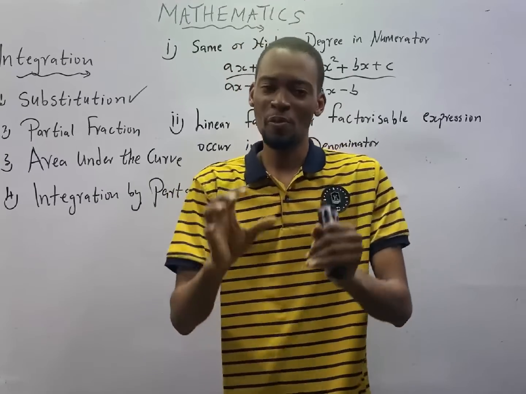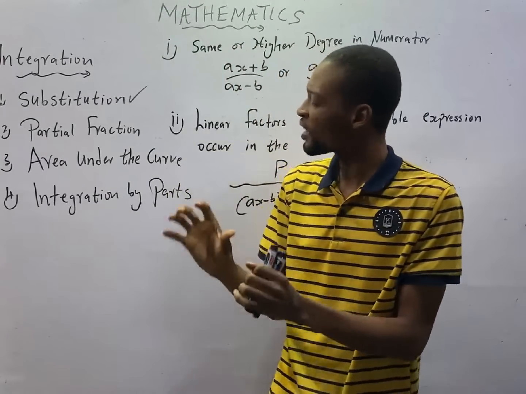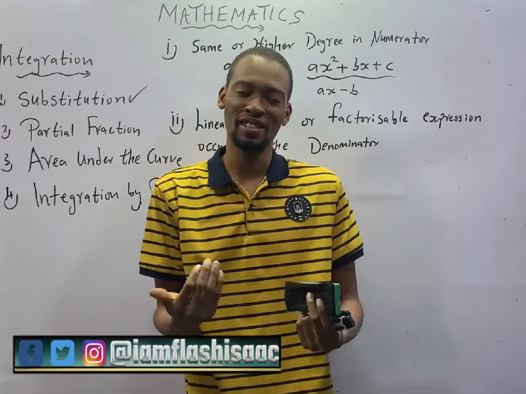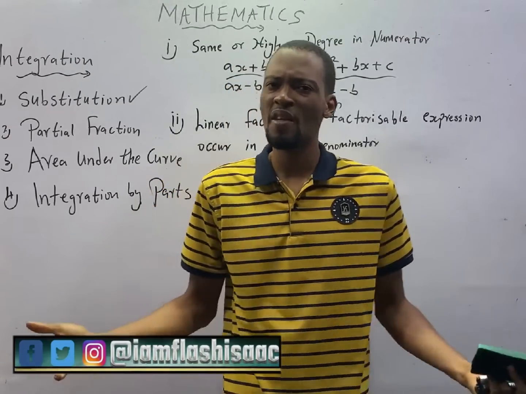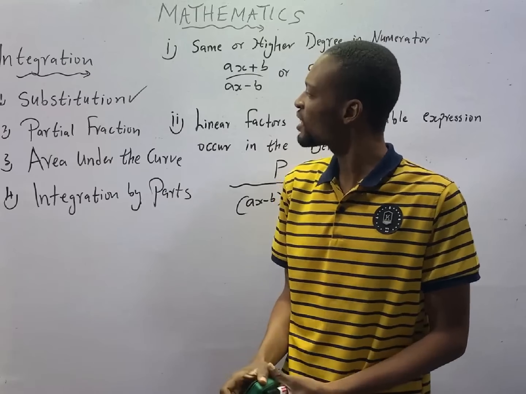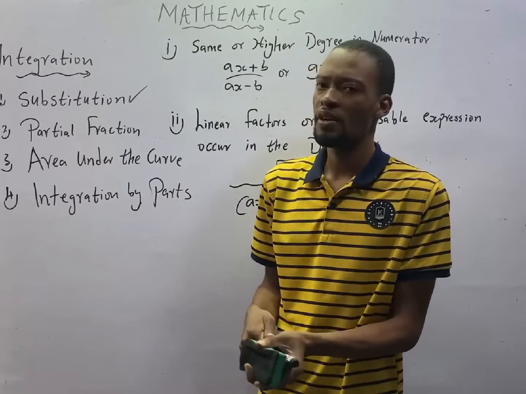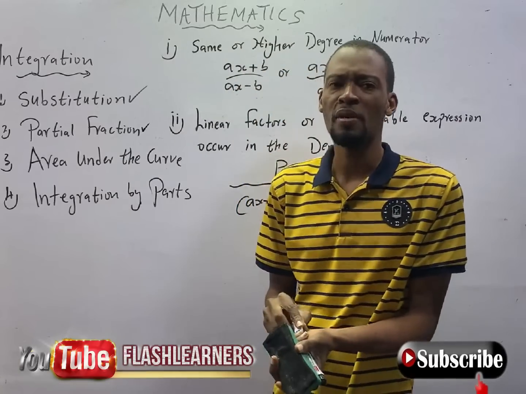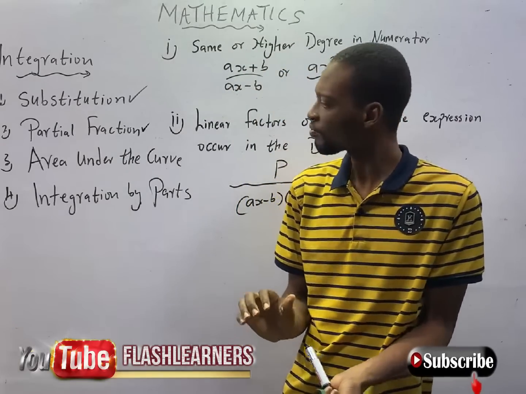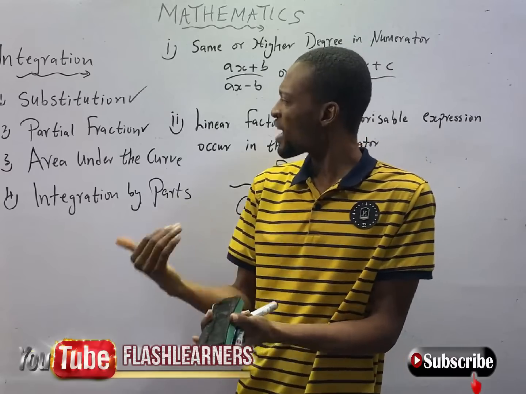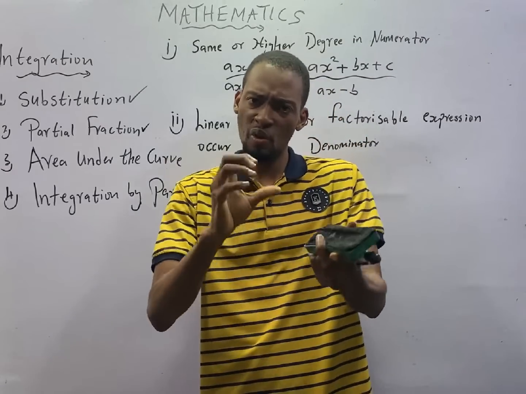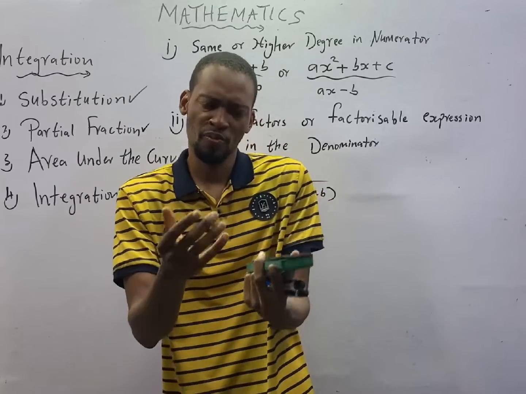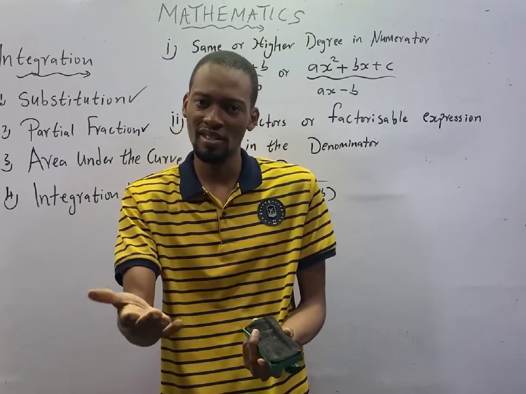You are welcome to episode number 104 of the 120 Days to Jamb Mathematics with Flash Isaac. In this episode, we shall be looking at integration using partial fraction. Partial fraction is a way of decomposing fractions using polynomials.